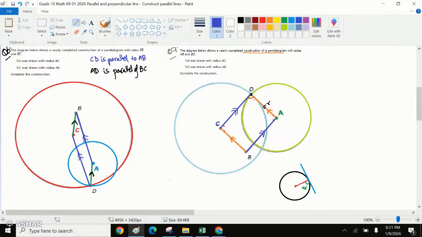So in this case, if I would extend this line, that means CD, the line CD is a tangent to the radius AD, right? So that means it should make a 90 over here.